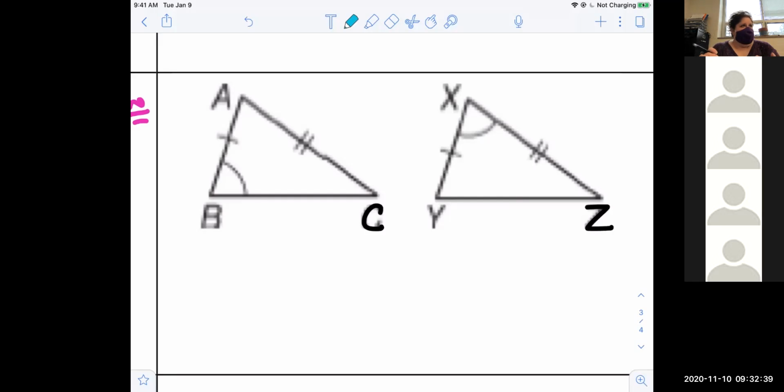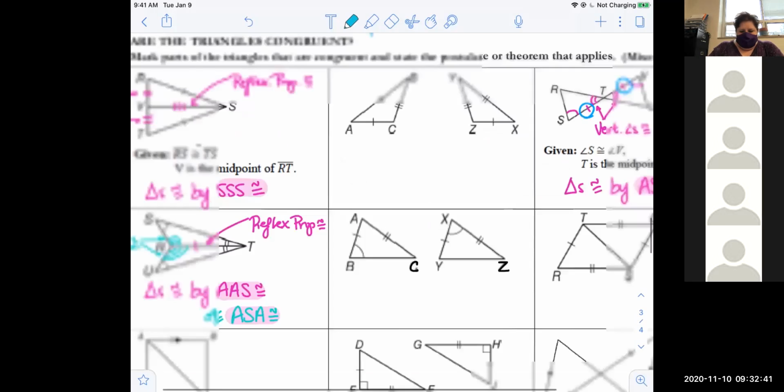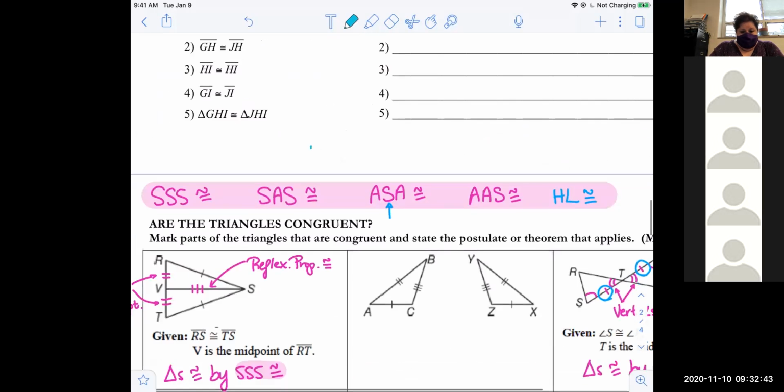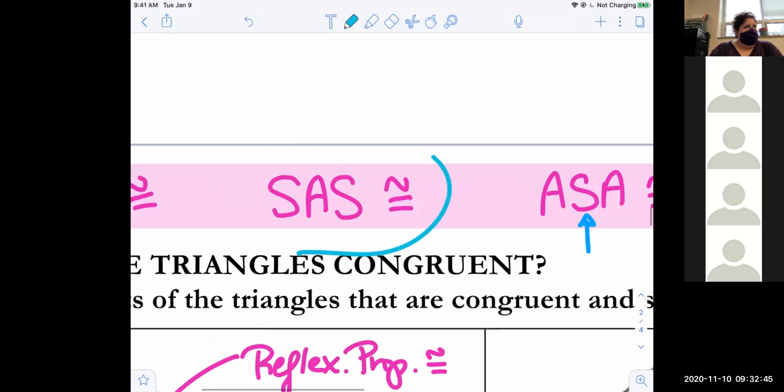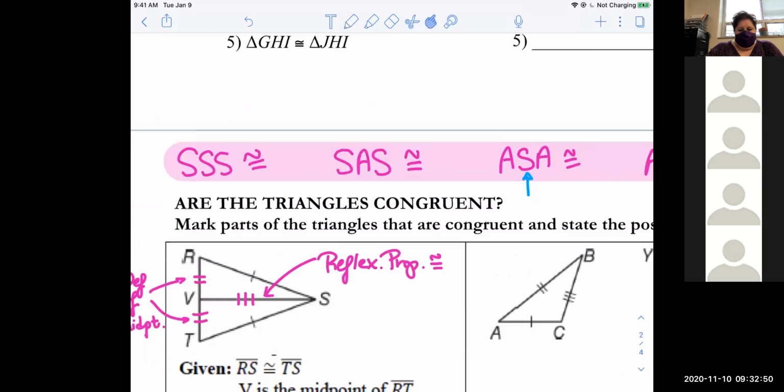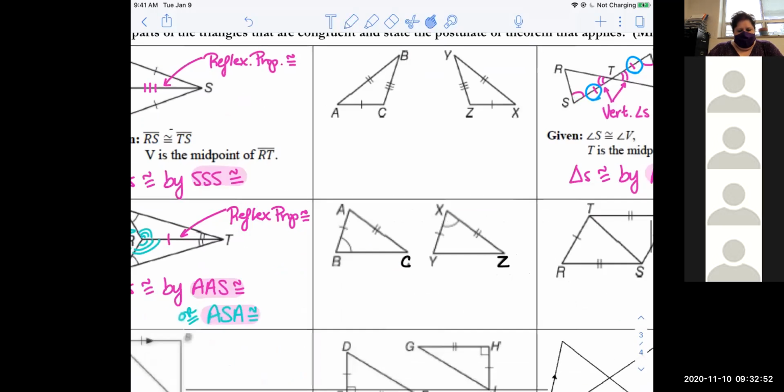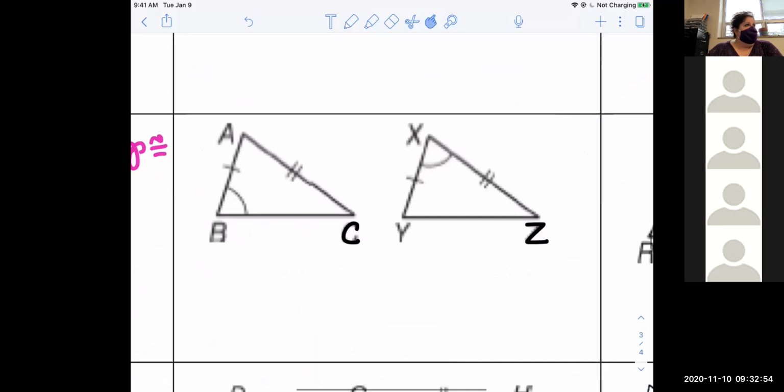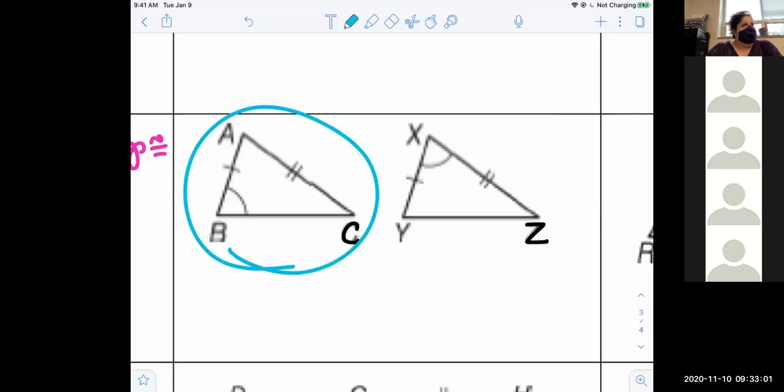Don't assume anything. We have two sides and an angle. So our options will be either side, angle, side, or if it's angle, side, side, they're not congruent, or maybe there's not enough information. But the only one that might possibly work where yes, they are congruent is side, angle, side. Is this one side, angle, side? What is that one?